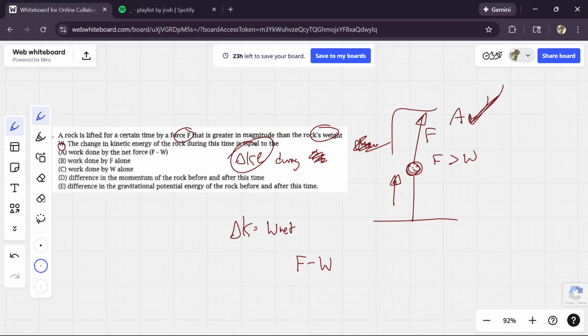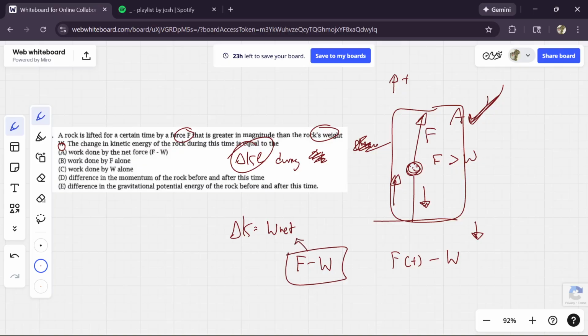If up is positive, our upward force, which is positive, is being weighed down by the negative force, the weight, which is pulling it downwards. So you just get F minus W for your F net, and that is quite literally just answer choice A. Work done by the net force, F minus W.